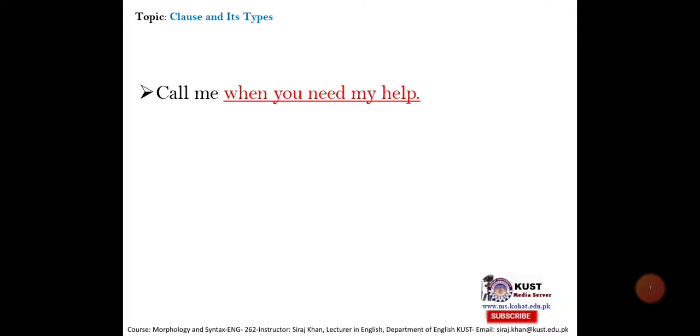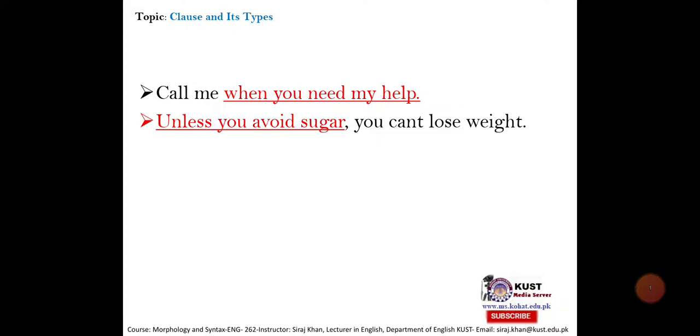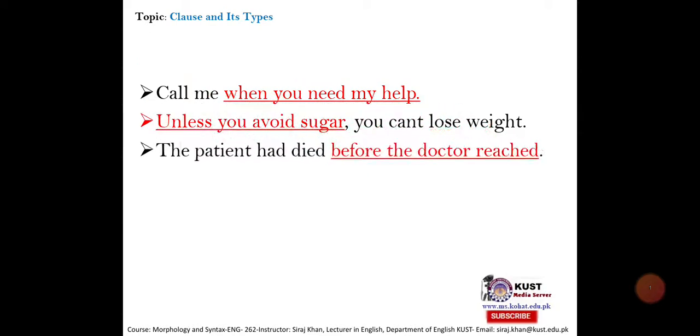Call me when you need my help. Now, here, when you need my help modifies the verb call. Unless you avoid sugar, you can't lose weight. Now, here, unless you avoid sugar modifies the verb lose weight. The patient had died before the doctor reached.